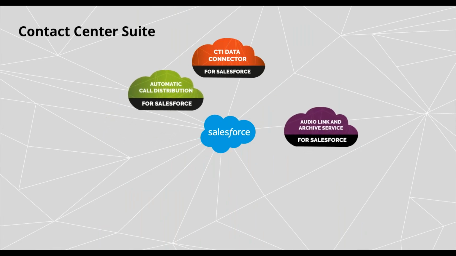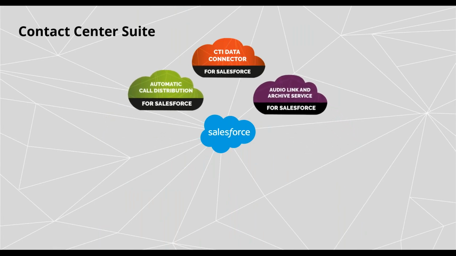So the contact center suite is a bundle of 3 products and is available for some telephone systems. The bundle includes CTI Data Connector, the call distribution, and the audio archiving.